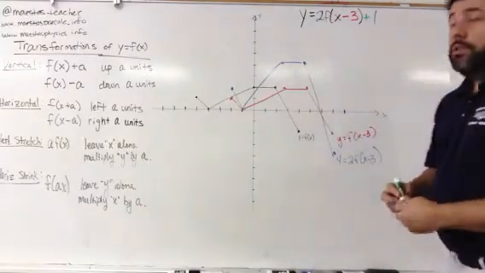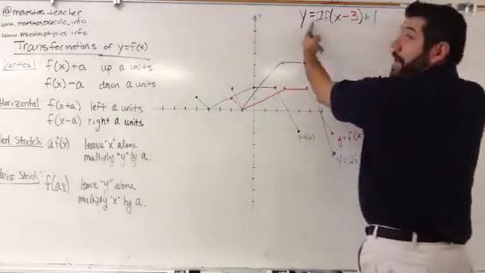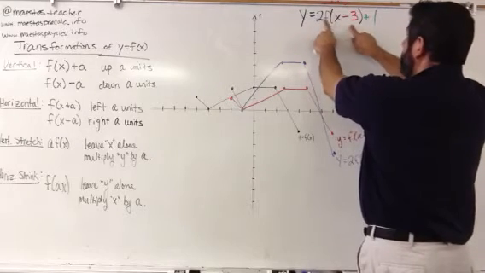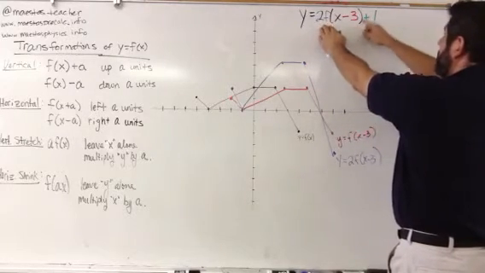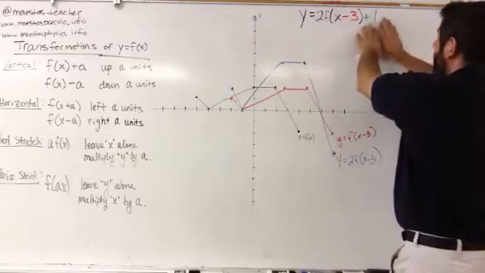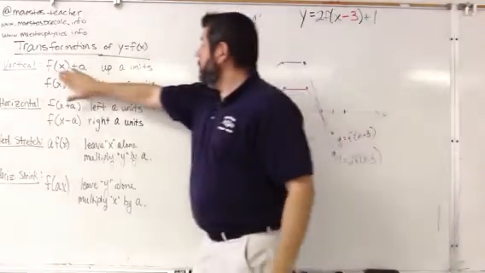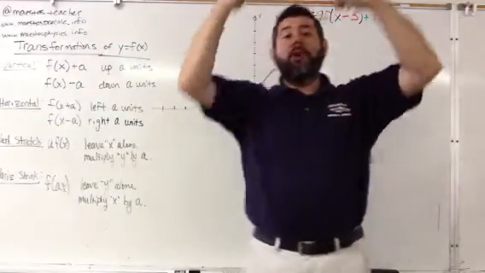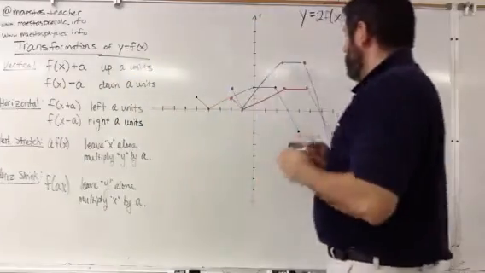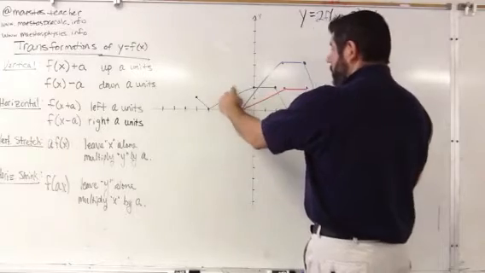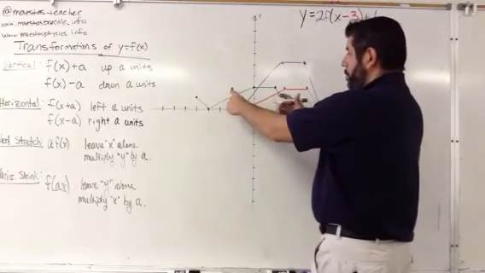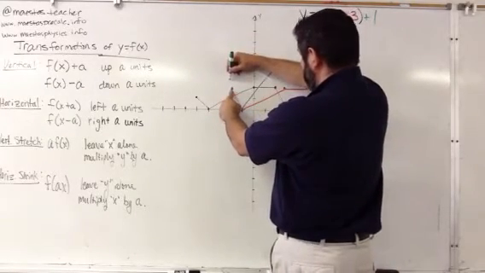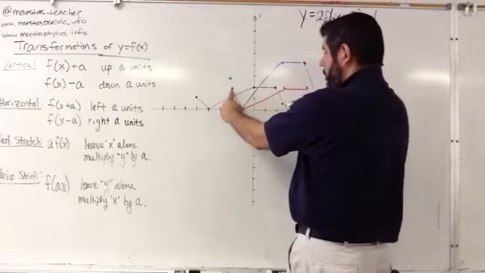The last thing we're going to do, again, we're going to go inside out. So we started inside, we multiplied by the 2, then the next thing we're going to do is add 1. When we add 1 outside, we're going to go up 1 unit. So we're going to take everything and go up 1 unit. So we're going to go to this point, and we're going to move that point up 1 unit, which is right there.